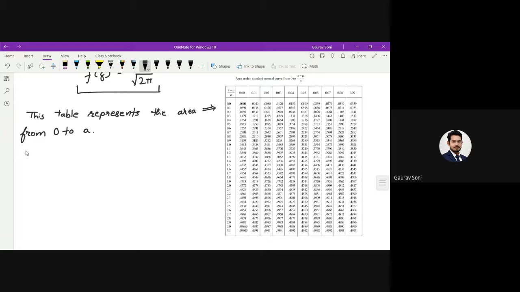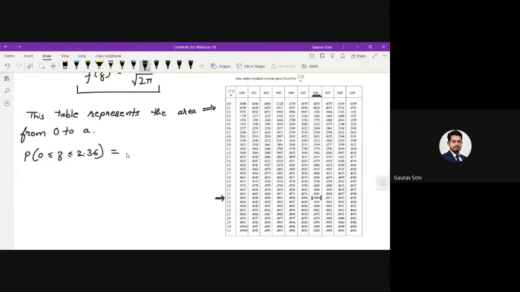Say, for example, what I want to find is the probability that 0 is less than or equal to Z is less than or equal to 2.36. So I will look at 2.3, just like you look at the log table, and 0.06; the intersection is this entry.